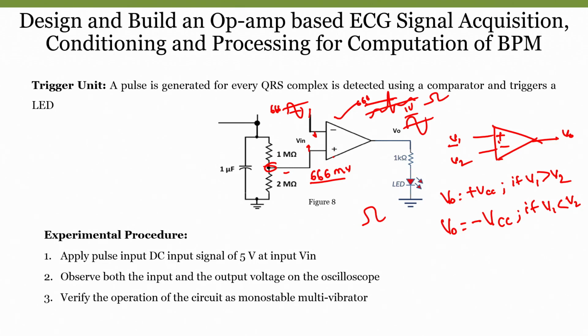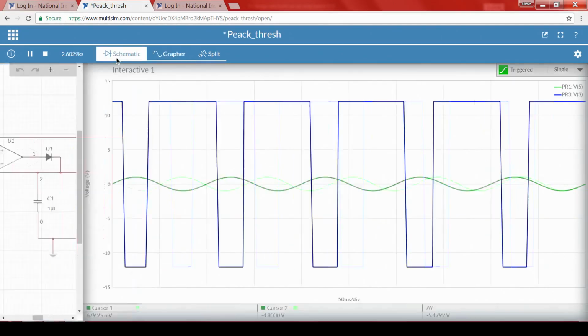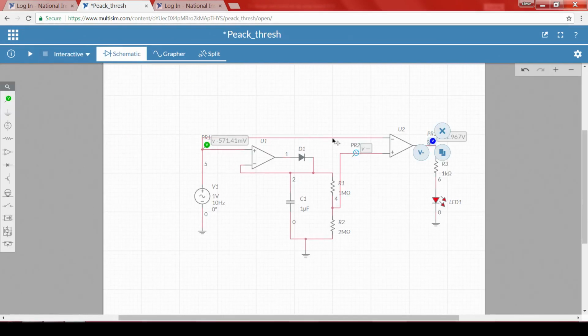But we require it the other way. So, if I make this positive and this negative, then what happens? Since it is 666 and this is the sinusoidal wave, this is the threshold. In order for V naught to become higher, the input voltage should be greater than the threshold value, only then it will become higher. Now, let me go to the schematic just to stop the circuit.